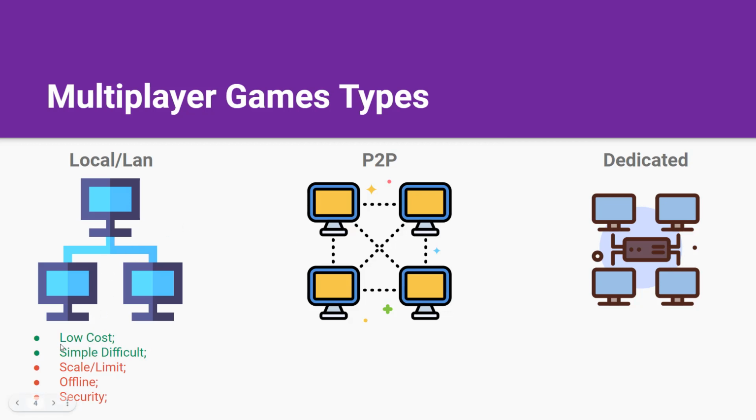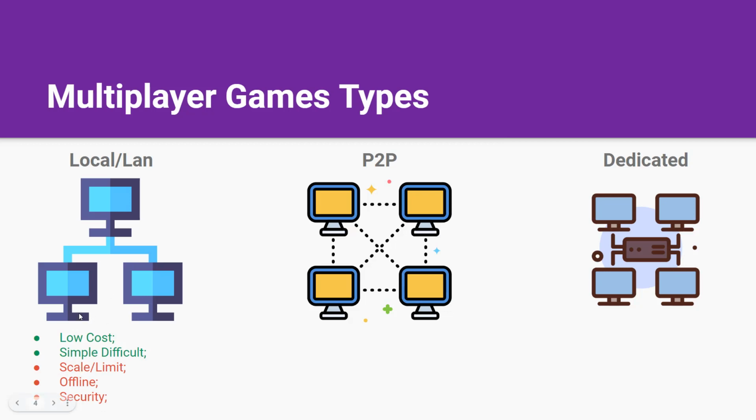You do not have costs with servers. The implementation of this network method is very simple. It is not difficult to implement in your game, but do you have negative points here?